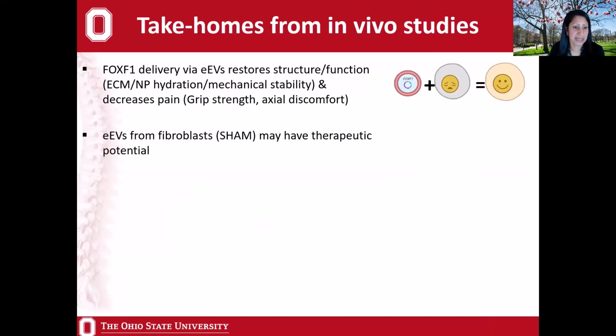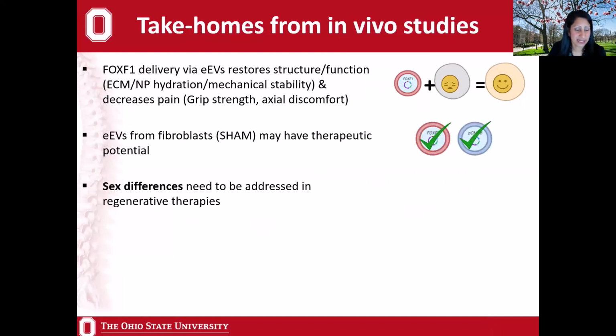So these were just empty plasmid, but the literature does point towards innate, naive EVs having some restorative effects. So we put it down to that likely. And then these sex differences are really interesting and just really highlight the need for us to look at males and females differently when we're analyzing the data and consider this in regenerative therapies.